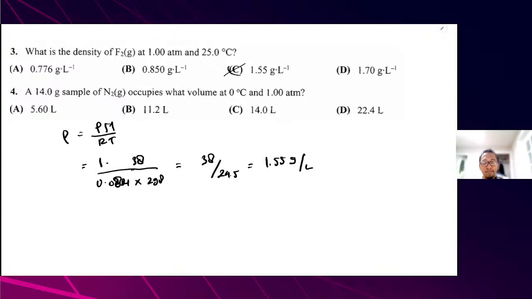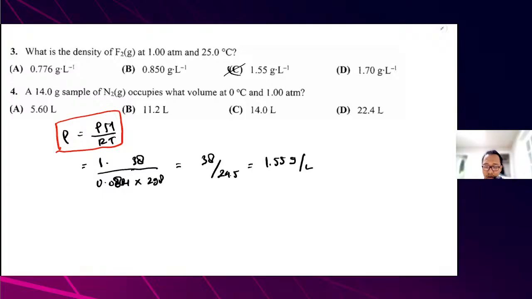All right, so let's continue our discussion. Just remember this equation to find the density of an element.